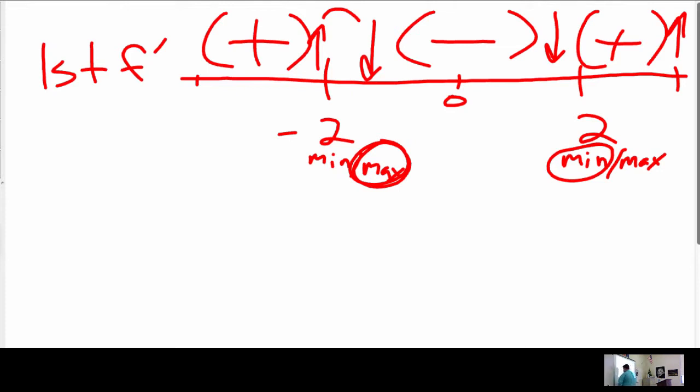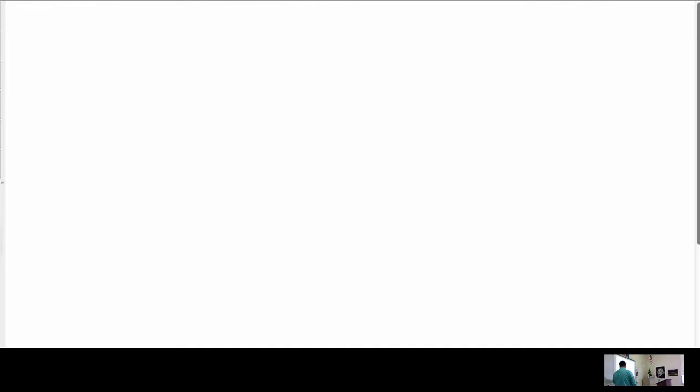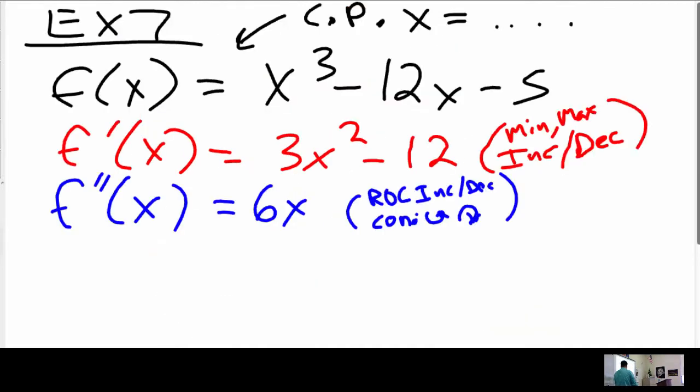Now I've got to go back and do the same exact process with f double prime, right? And that's going to tell me the concavity, up or down.